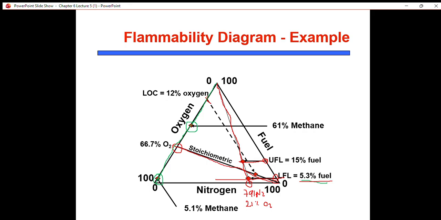Now I'm going to establish the zone or the area. The upper flammability limit has to be connected to the upper flammability limit in oxygen, and the lower flammability limit in oxygen has to be connected to the lower flammability limit in air. Then we establish a point where it barely touches the flammability zone, and that is where the approximation comes in.